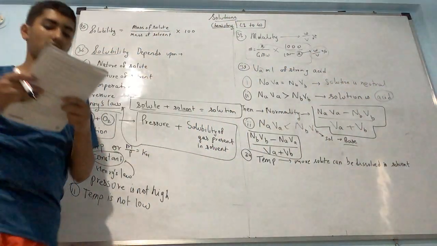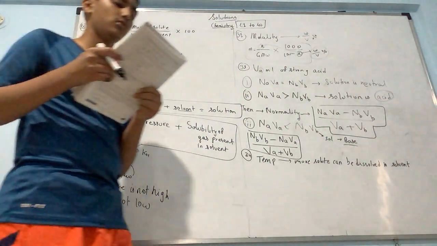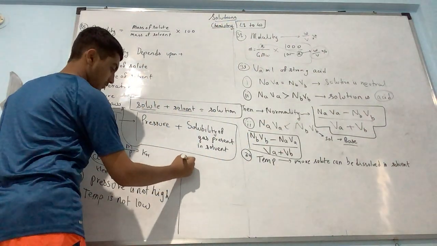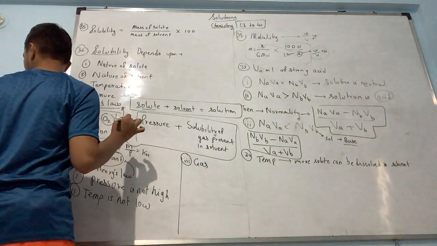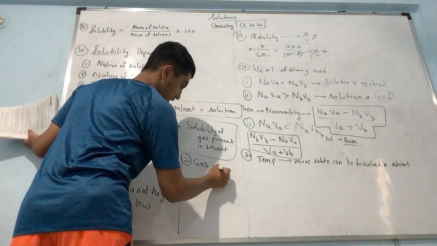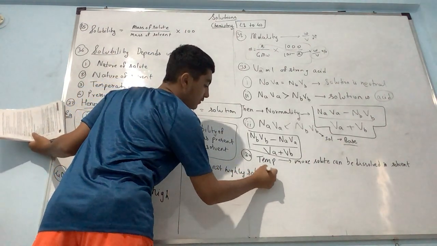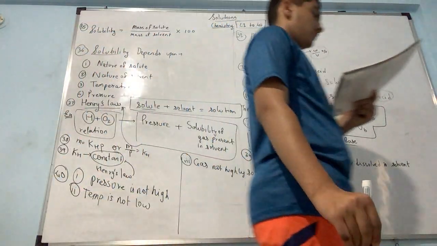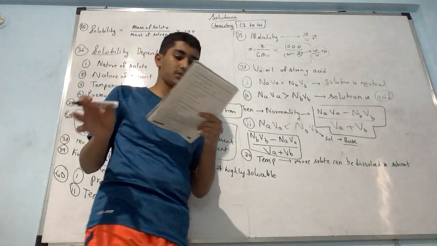Every substance needs a medium something. Then the gas is not highly soluble. This is also important. The third point says that the gas is not highly soluble, and it does not enter into chemical combination with the solvent.